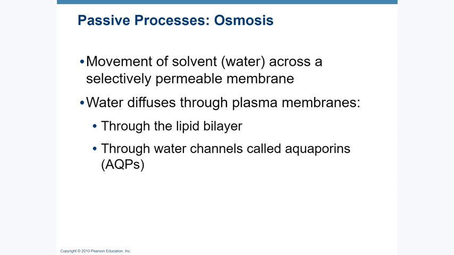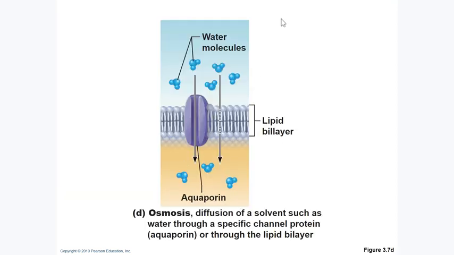Like I said, osmosis is also the movement of water across the membrane. Water diffuses through the plasma membranes. It can either go through the lipid bilayer, or it could go through water channels called aquaporins, which you can see here. It can go through the plasma membrane, or it can go through a channel protein called an aquaporin that helps diffuse water throughout the cell.